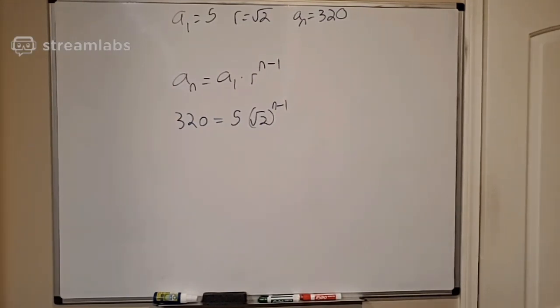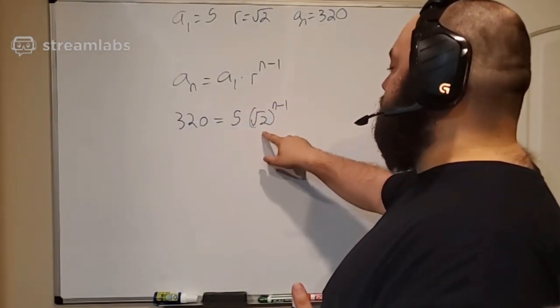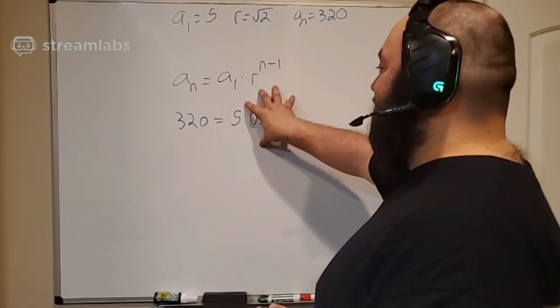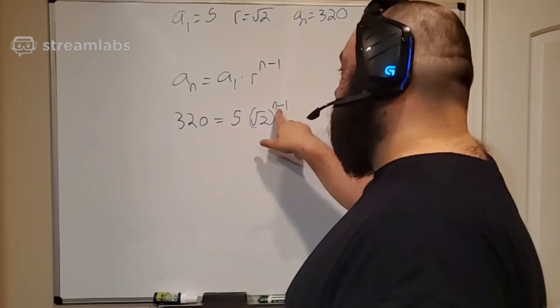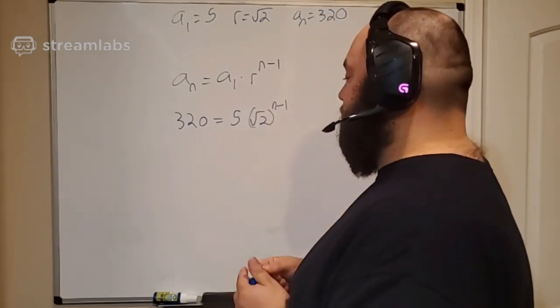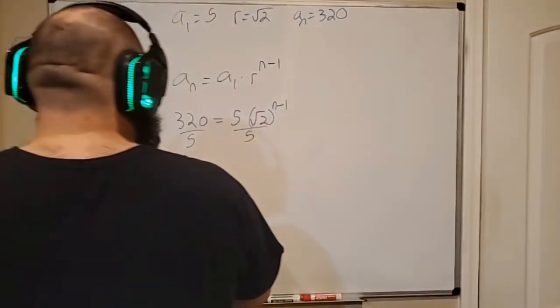Well, now we have to get the square root of 2 to the n-1 by itself. So anything that's not directly attached to it has to be moved somehow. So in this case, we'll have to divide by 5. So we get 64 is equal to the square root of 2 to the n-1.